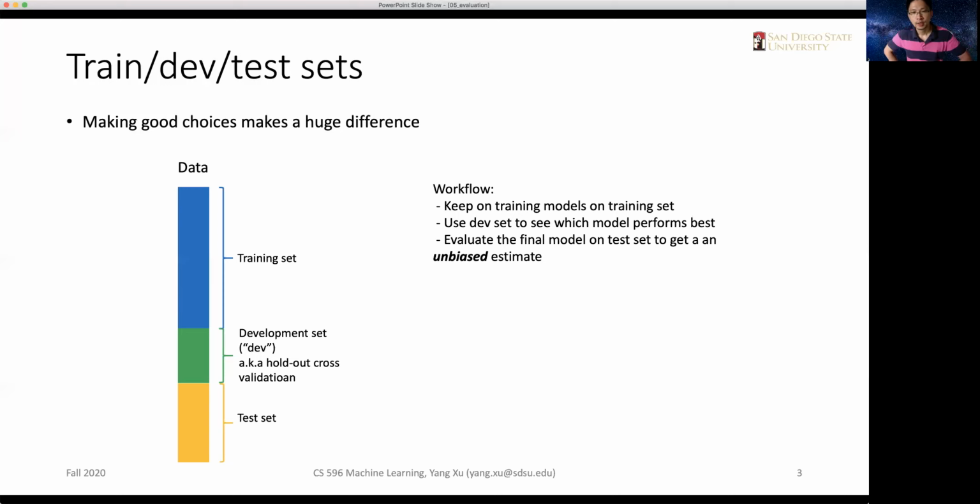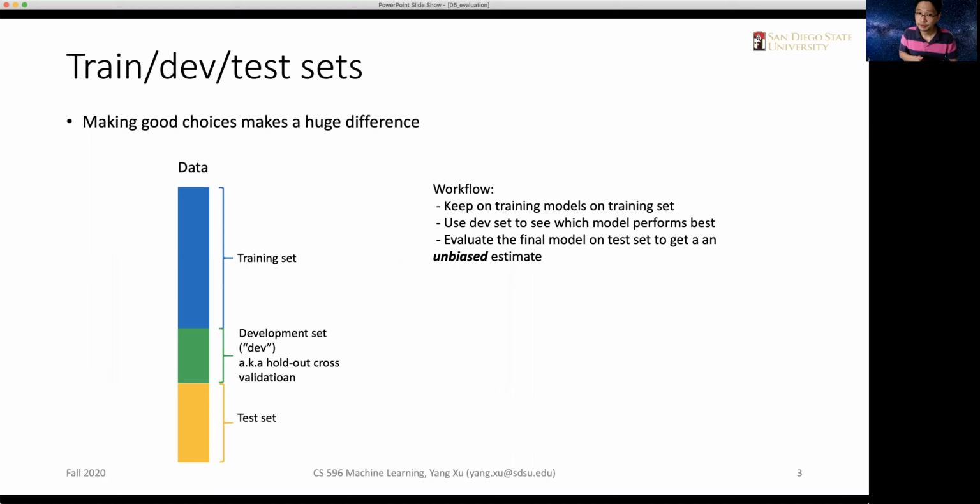So that's the workflow, which summarizes basically what I just described. We keep training the model on the training set. During the training, we use the dev set, or validation set, to see which model or which parameters perform best. So the dev set is periodically used to evaluate.